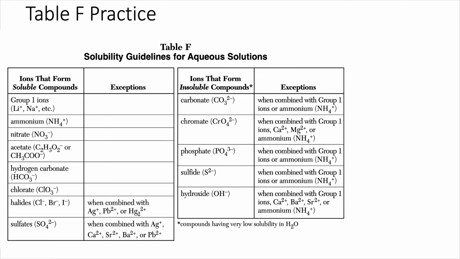And what I mean by exemptions is if we look at this right here and this right here, those are all your exemptions. So when we're looking at a compound like silver chloride and we use this table, I look at the back end of the compound.